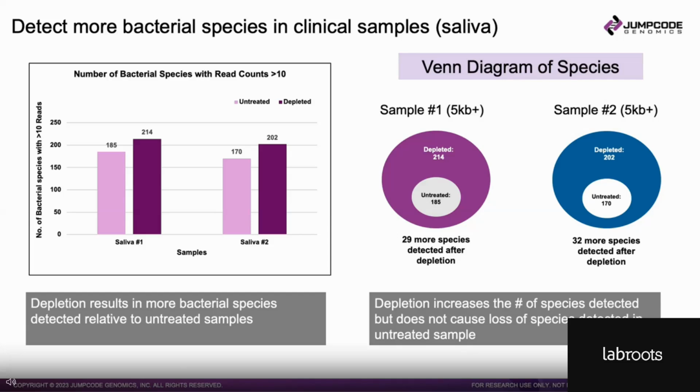And the interesting thing is that after depletion, for sample number 1, you detect 29 more bacterial species, while for sample number 2, you detect 32 more bacterial species after depletion with Jumpcode Human DNA Depletion Kit. And for each sample, the bacterial species with 10 or more reads in the untreated sample are a subset of the species detected in the Jumpcode Human DNA Depletion Kit treated sample. This is illustrated in the Venn diagram to the right.